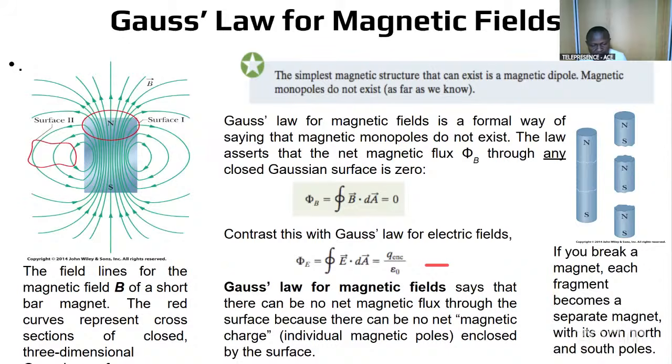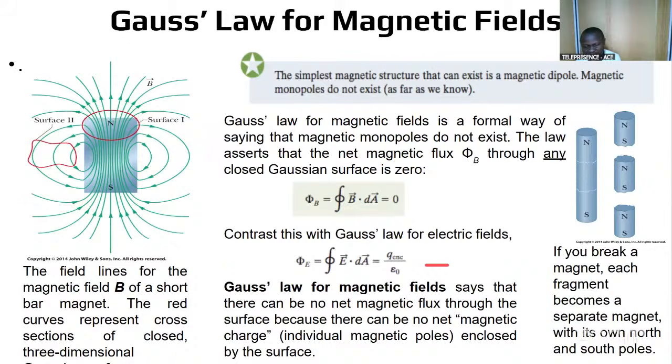When this equation is applied to the magnetic field, we must note that there is no magnetic charge, unlike electric charge.